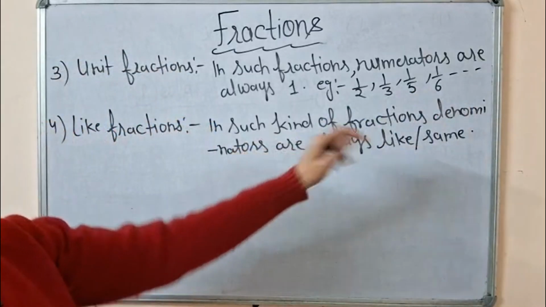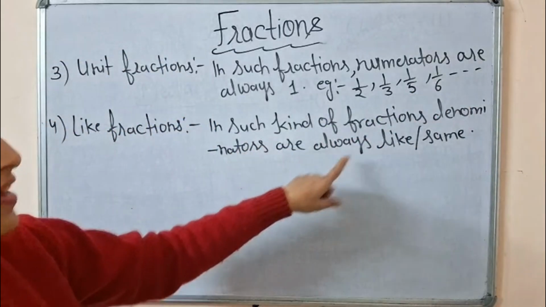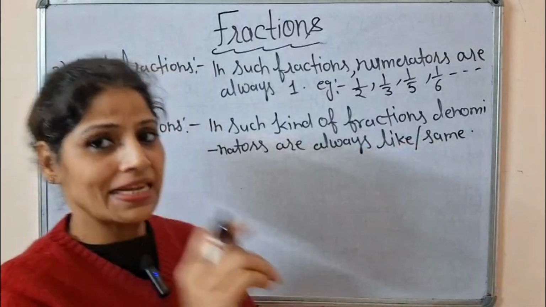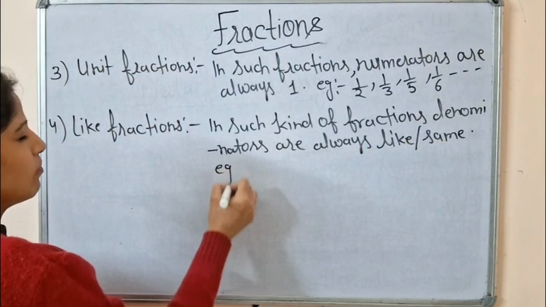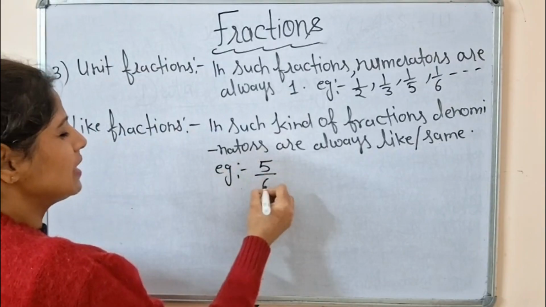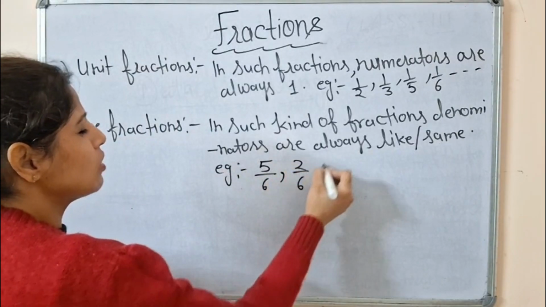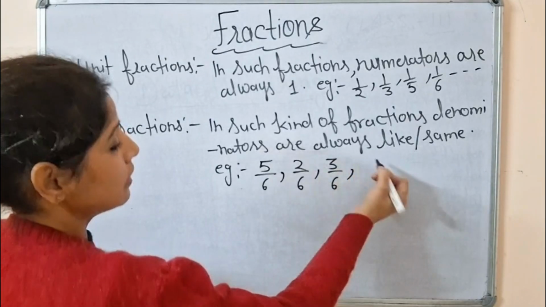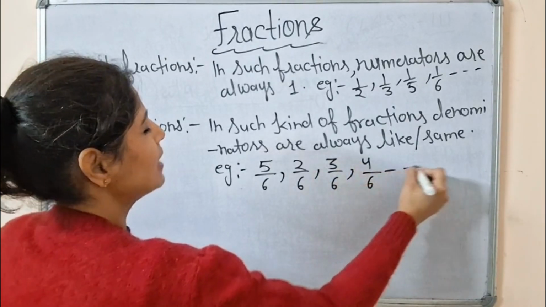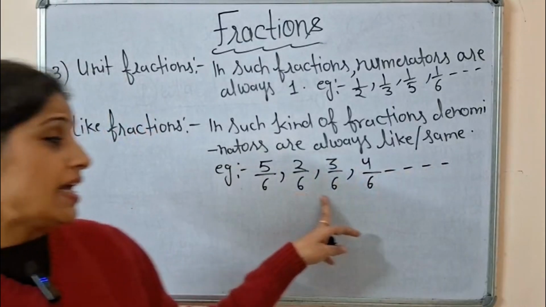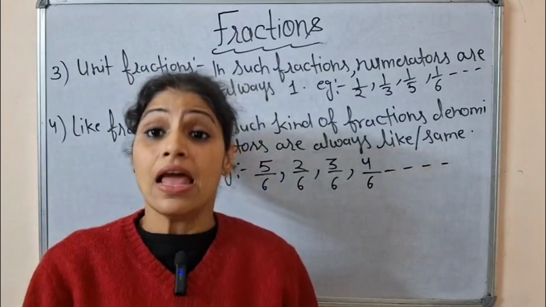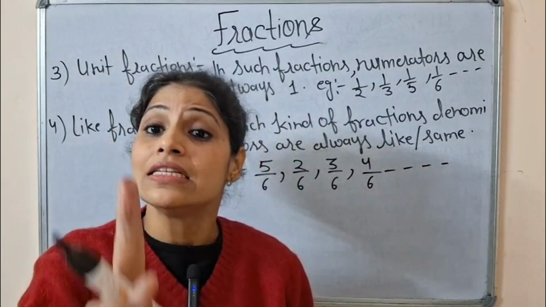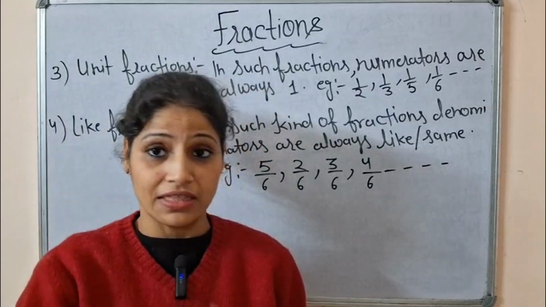Let's take a few examples. For example, 5 upon 6, 2 upon 6, 3 upon 6, 4 upon 6 and so on. So we can see here denominators are same. Like fractions, same denominators. Just link it with this line.